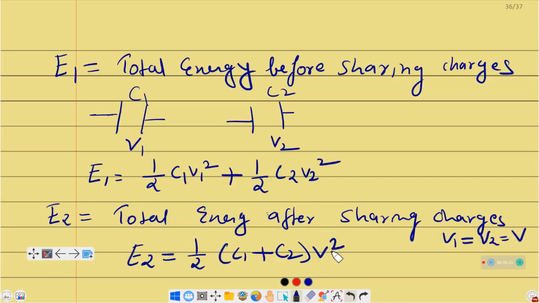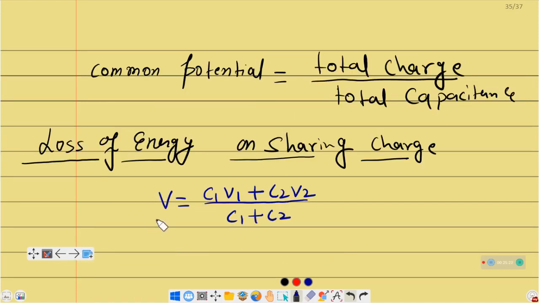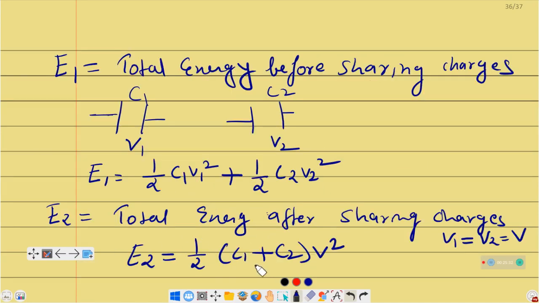Now we can put the value of V in this equation.